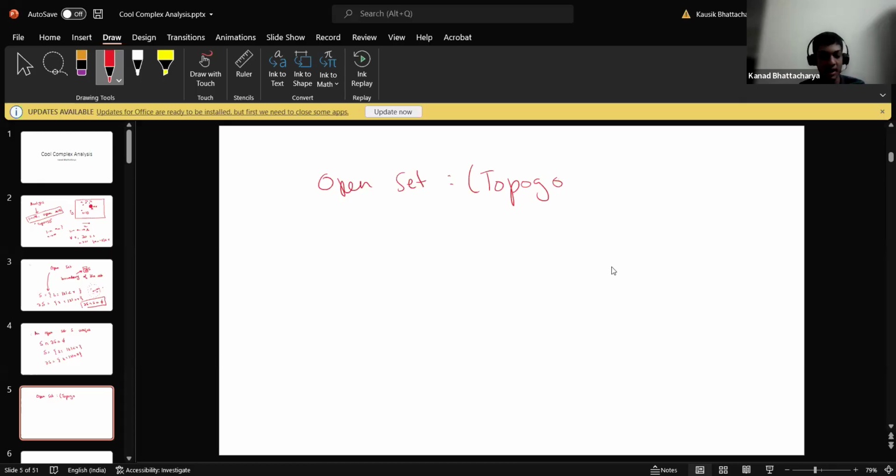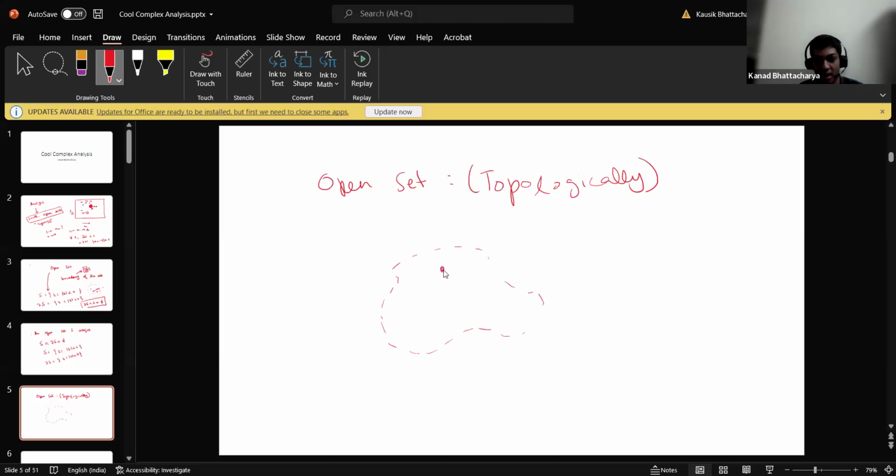This is really going to highlight why open sets are so interesting. When we say open set in the context of topology, what we mean is that if we take a set, and maybe I should make the boundary dotted to indicate it's not within the set.